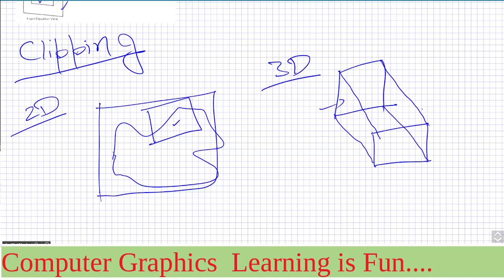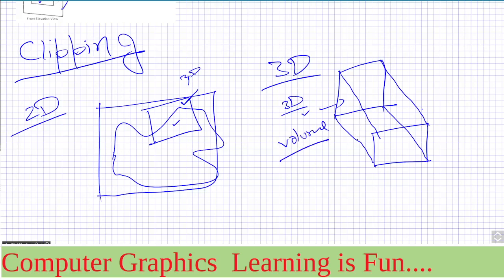Now you will have not a 2D window, but a 3D window. I should say earlier you were calling it a clipping window. Now you should call it a clipping volume, right? A volume will be clipped.